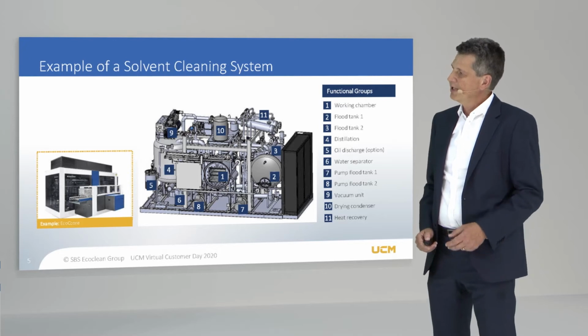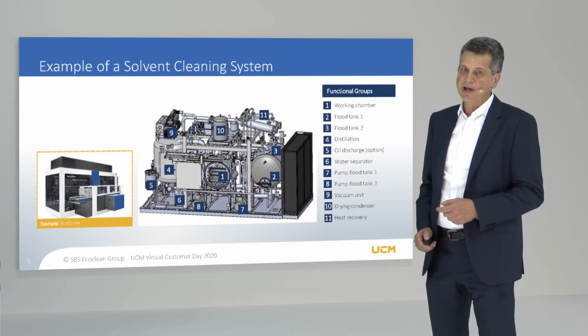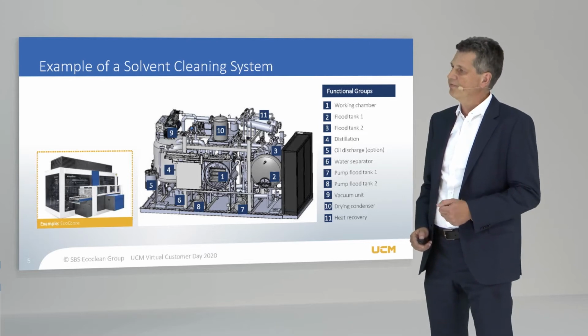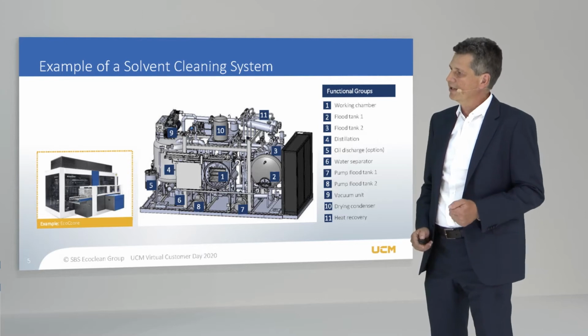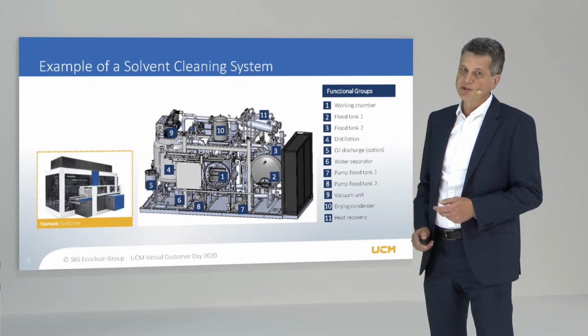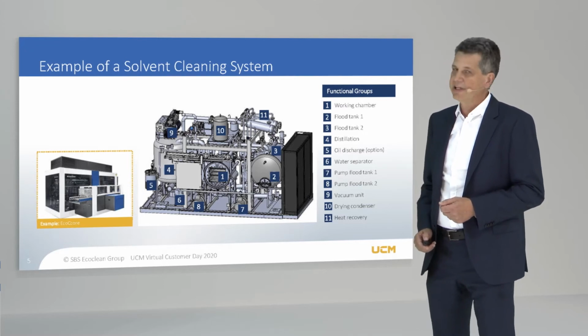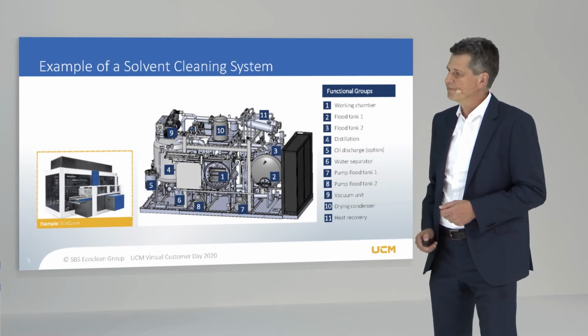Marked with 4 is the distillation unit, which is responsible for the vapor degreasing and the regeneration of the system. In addition, we see marked with 10 and 9 the drying condenser and the corresponding vacuum pump, which is the responsible drying feature of the machine. And in addition, we show you with 11 the heat recovery system in order to make the machine more energy efficient.